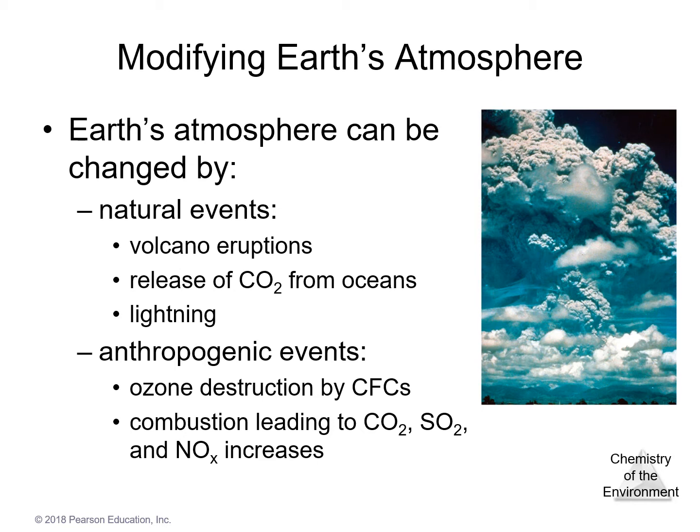So volcanoes, CO2 from the ocean, lightning, all these different things can really affect the Earth's atmosphere. And while we've been going through this pandemic, what we have noticed is that since everybody has been staying at home, the air has been a lot cleaner because we have reduced CO2 emissions.